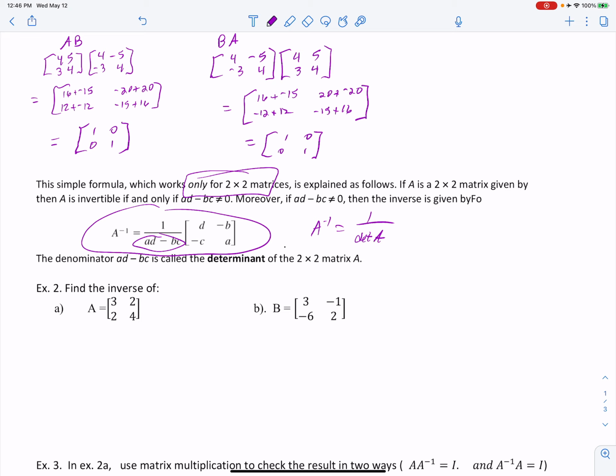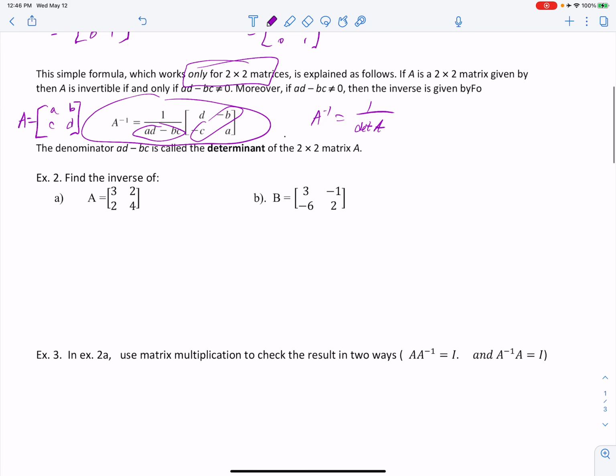And then we do the switch up order. And this is for matrix A, if matrix A is A, B, C, D, notice then we take this diagonal and switch the order, A and D switch. And then for the other diagonal, you negate. You don't switch, but you negate them.